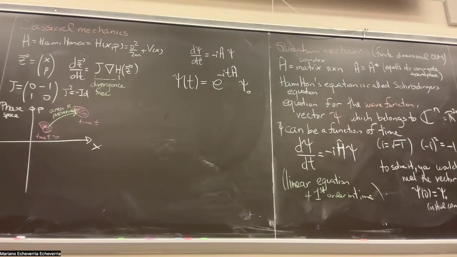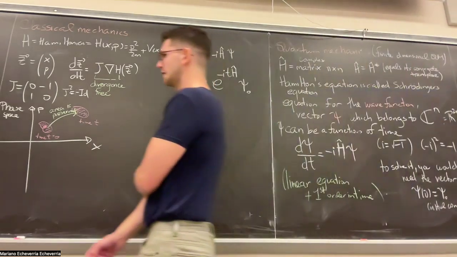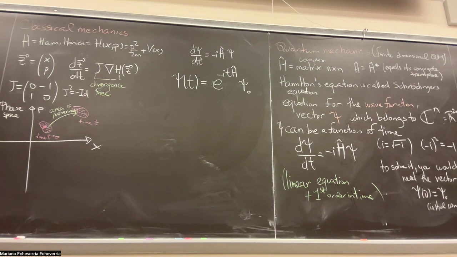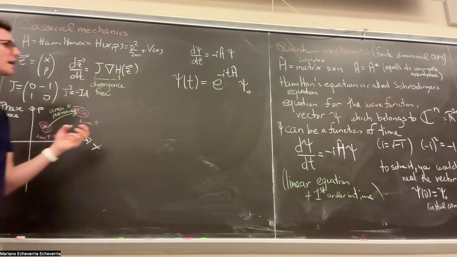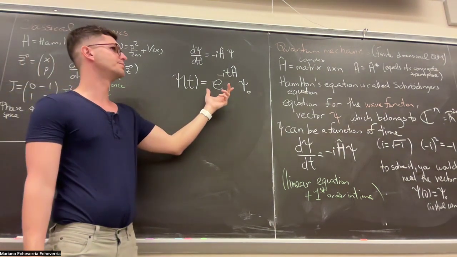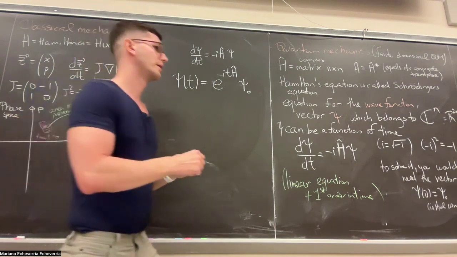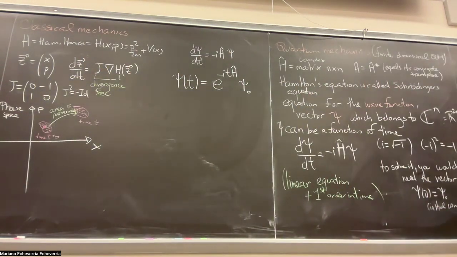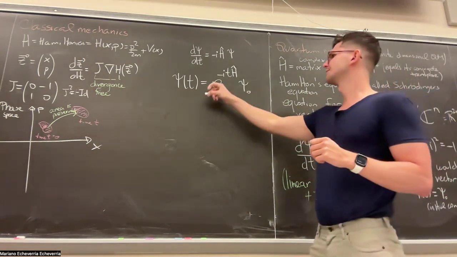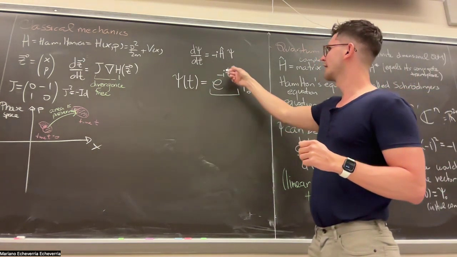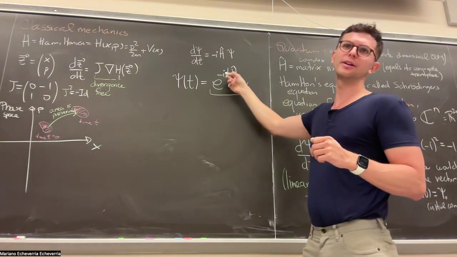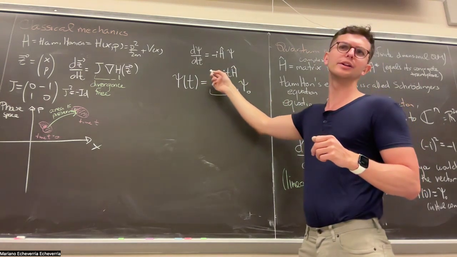So what is a nice thing about this matrix? I don't know if you remember last time when we talked about this. Because H is a self-adjoint matrix, this will be unitary.